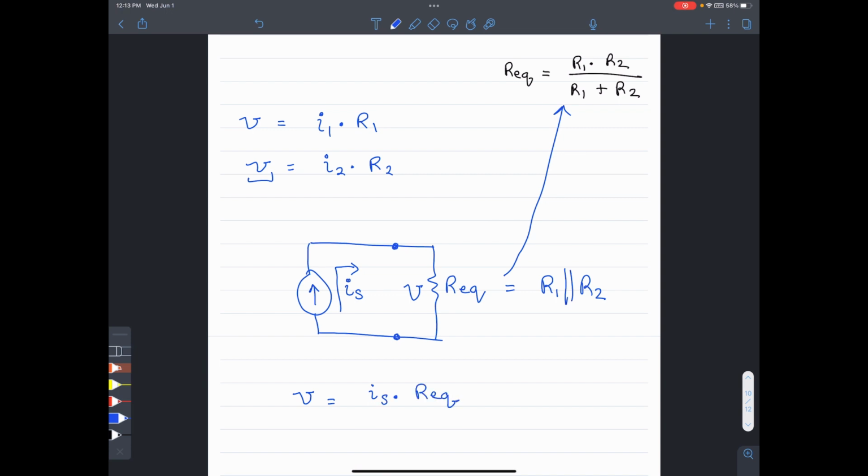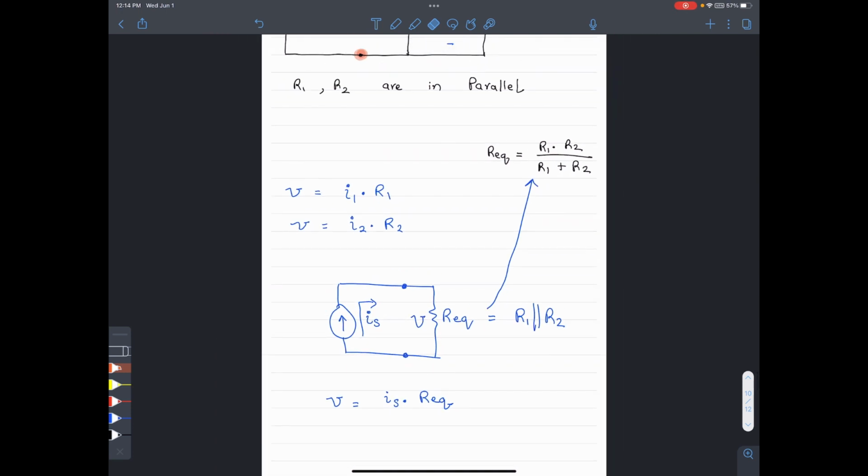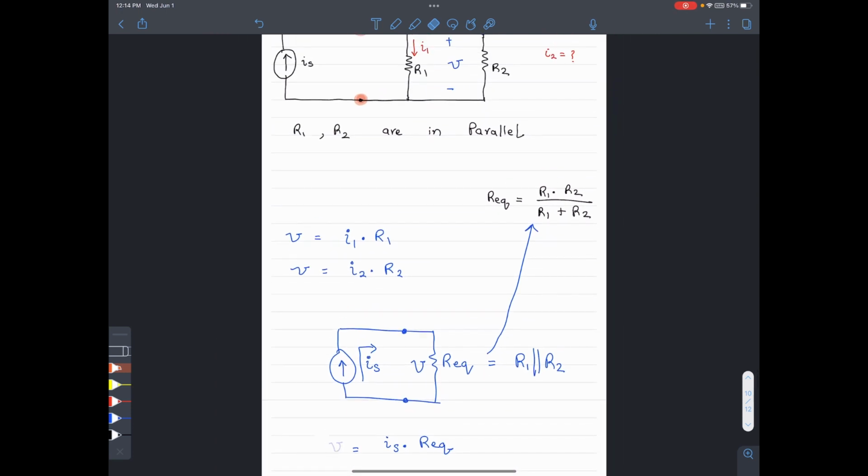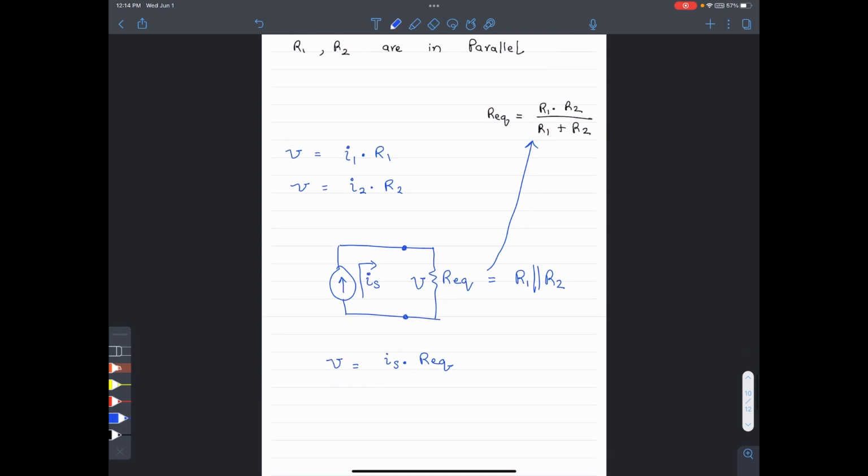That's the same voltage that is dropped across R1 and across R2. So all of these voltages are really the same. All I have done is to express V in terms of the current source and the resistances R1 and R2.